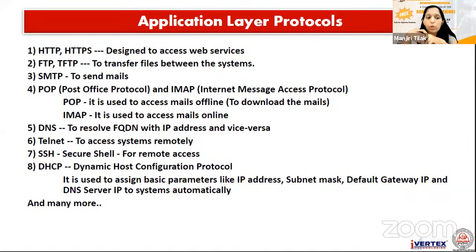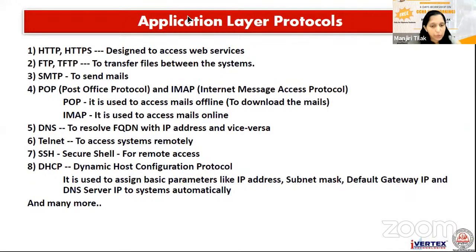Then there are two protocols, Telnet and SSH. Both these protocols are used for remote access, right? Whenever you want to access any device remotely in a network, you can either go for Telnet or you can go for SSH, right? Again, one of the important protocols in a network is DHCP, Dynamic Host Configuration Protocol.